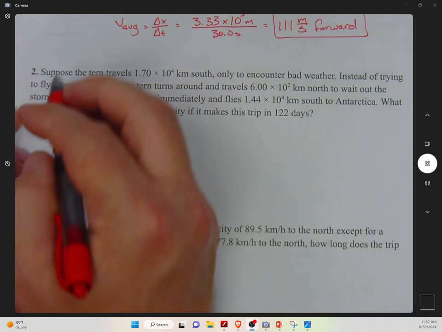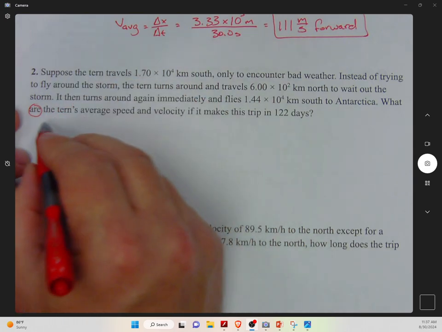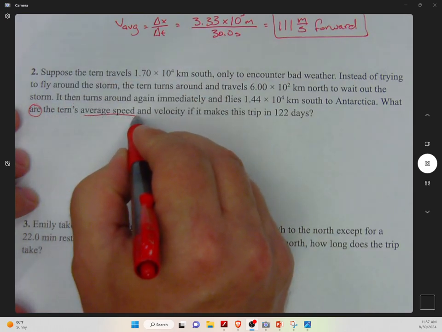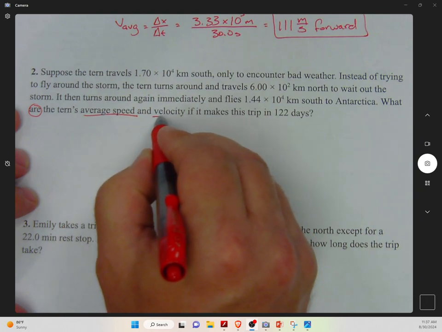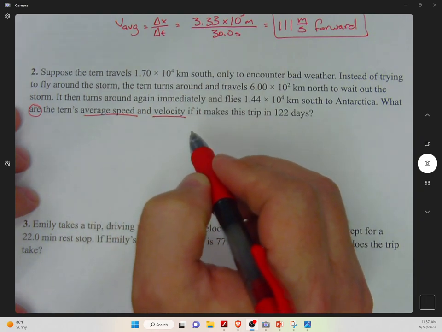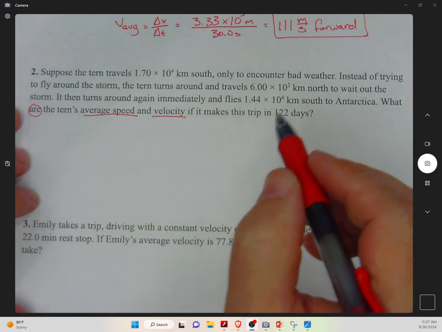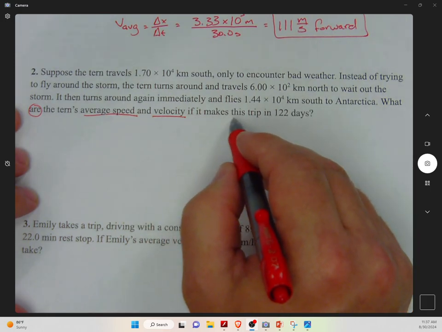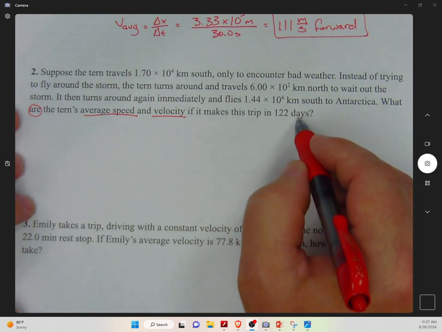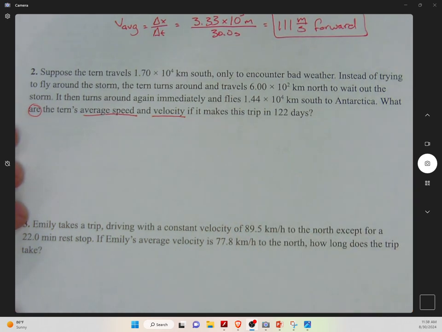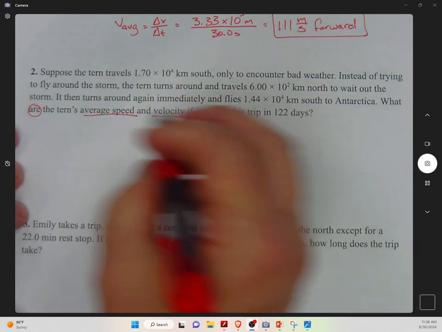What are, notice that's plural, what are the tern's average speed and velocity? So you got two things you got to do here, speed and velocity, if it makes this trip in 122 days. Okay, so a couple things I have here.